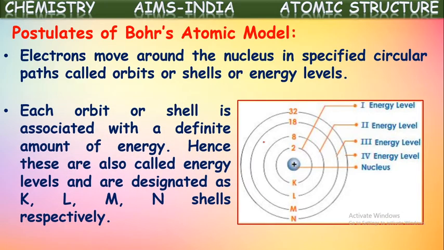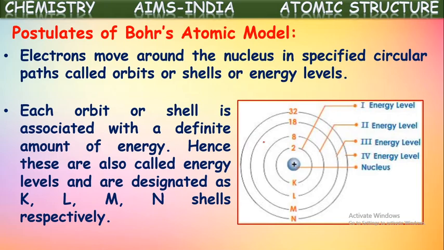Each orbit or shell is associated with a definite amount of energy. It is fixed for the electron which is in the particular orbit. Hence, these are also called energy levels and are designated as K, L, M, N and so on. If an electron is present in a particular orbit, it will have a certain fixed amount of energy in that orbit.